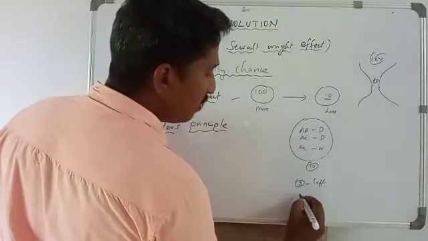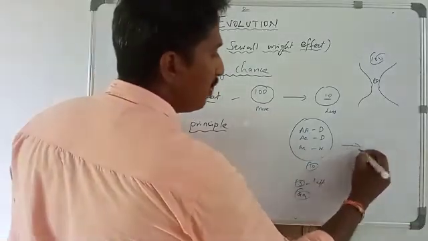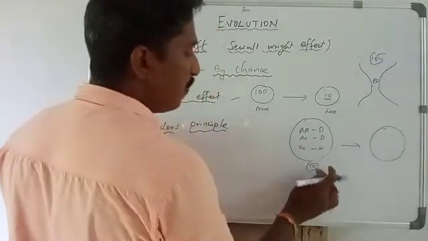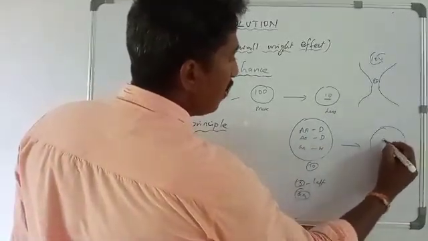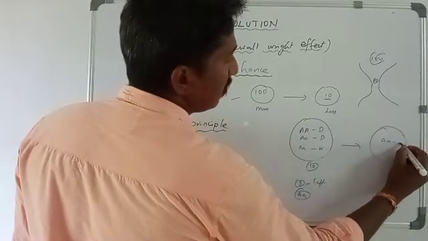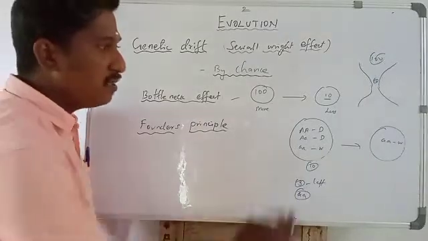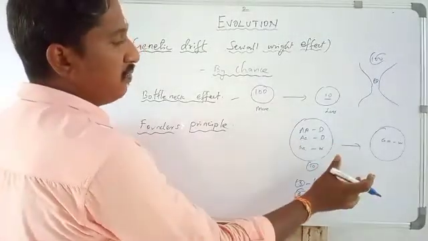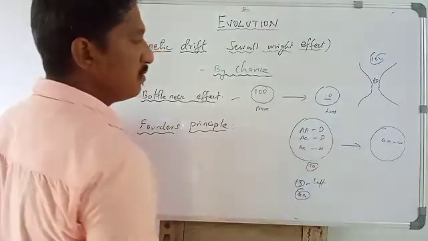These three are all small a. Next, the population grows from those 3 back to 10, but all are white. So this is called genetic drift. Due to genetic drift the frequencies are changed, okay.